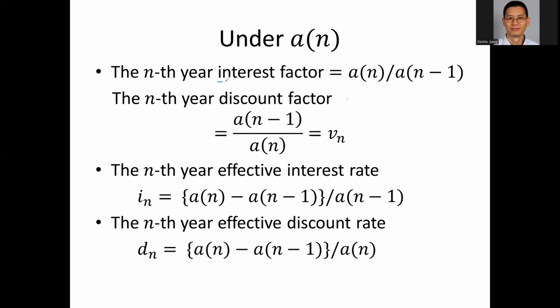Let's introduce the concept of interest factor. Suppose you have A of n, assuming the time periods have the same length. The nth year interest factor, from year n minus 1 to year n, is A of n divided by A of n minus 1.